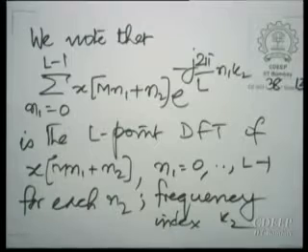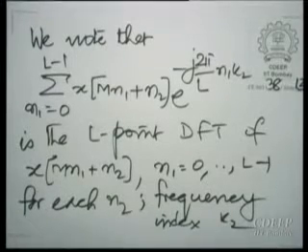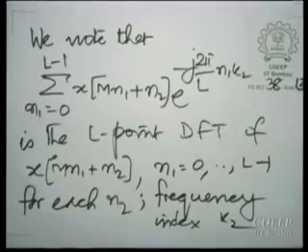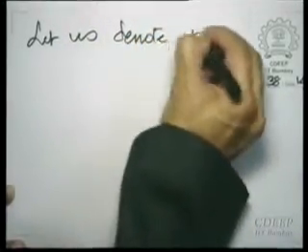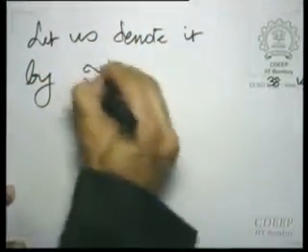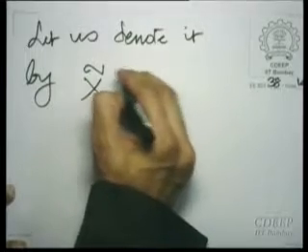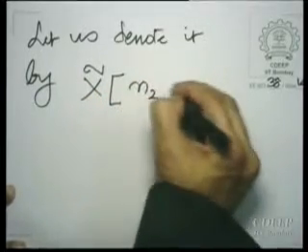As expected, k2 also takes values from 0 to L minus 1. Let us denote that particular quantity by x tilde, as a function of n2 and k2.